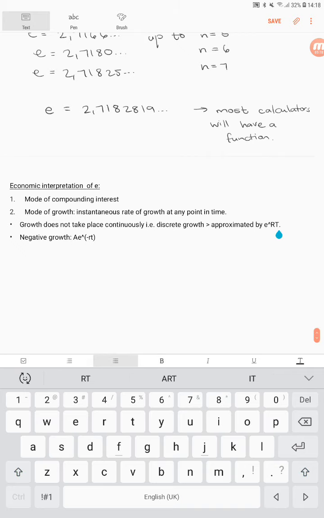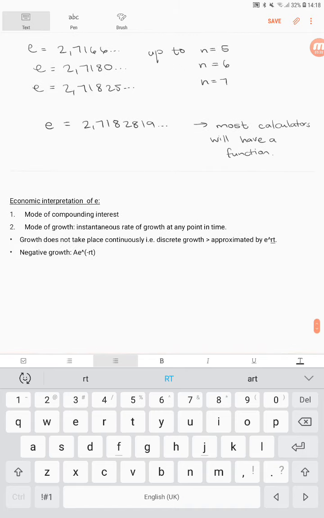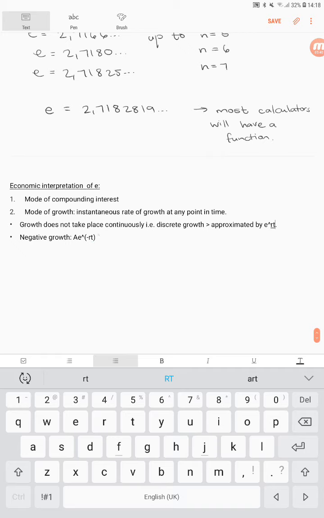In this case, our growth will approximate or approach e to the power of RT. We also have periods of negative growth. Here, our exponent is simply negative RT.